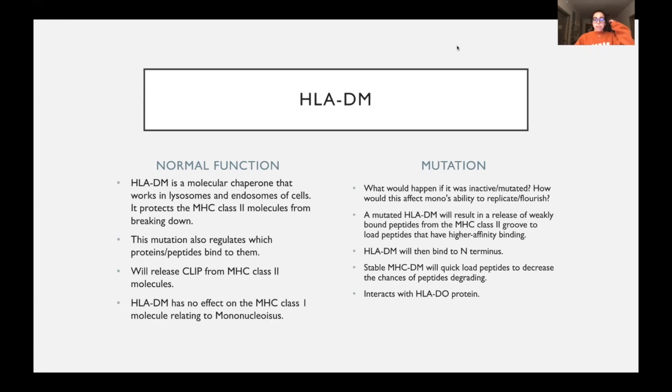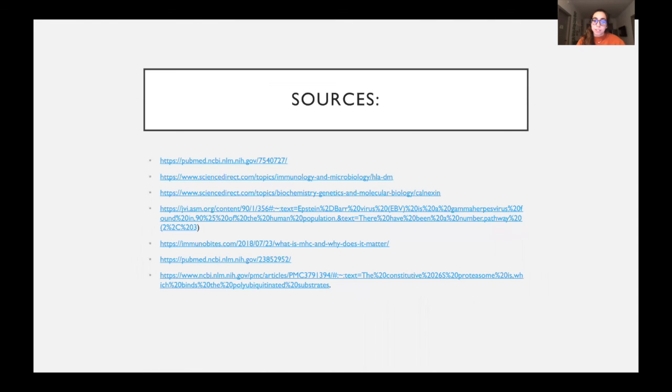And normally HLA-DM will bind to the N-terminus, so during a mutation, once it binds to the MHC class 2 group, it will then bind to the N-terminus after. A stable MHC-DM will quickly load peptides to decrease the chances of peptides degrading, and it will also interact with HLA-DO protein. And then these are our resources, and that's it.